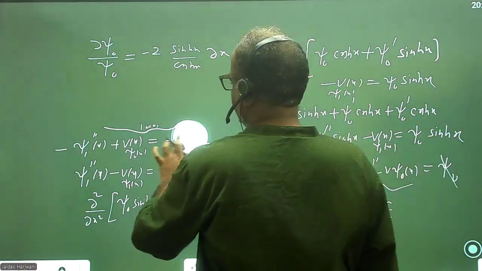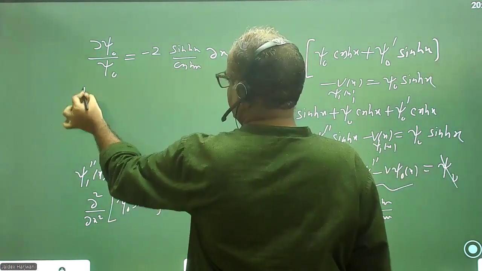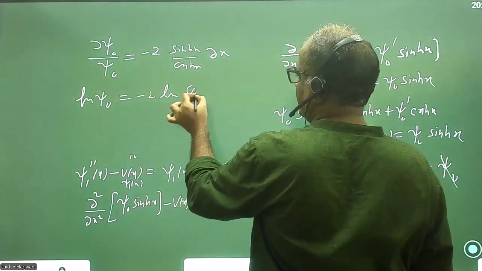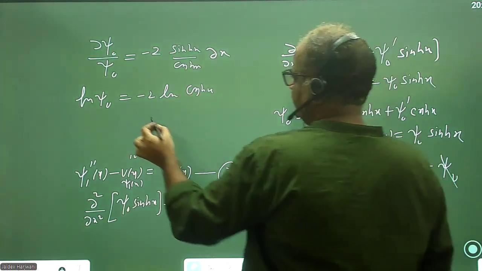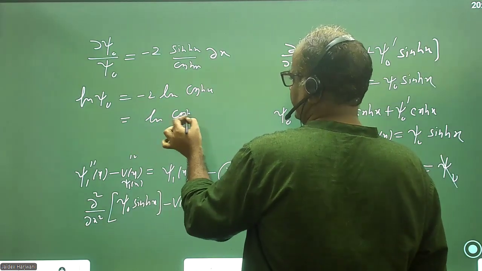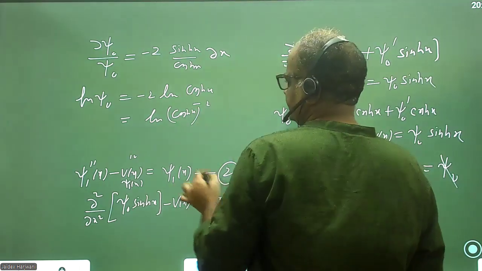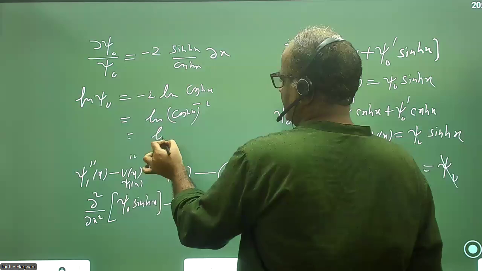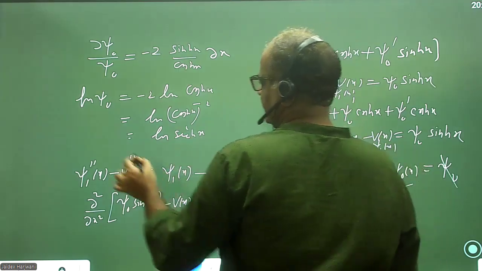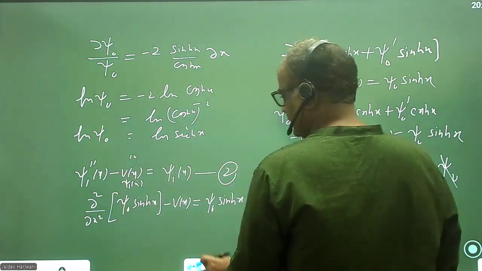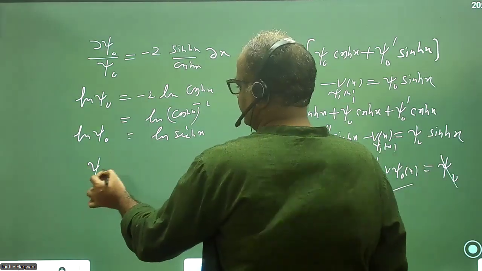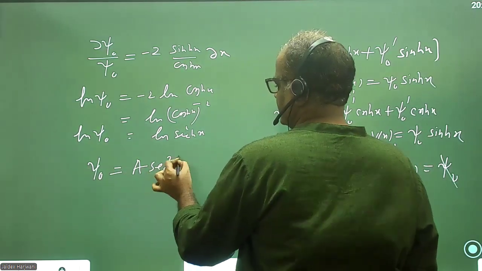Now just integrate this equation and it will give you the answer. This will be ln psi naught, and if you integrate this, it will give you ln of cos hyperbolic x to the power minus 2, which is ln sec square hyperbolic x, plus ln of a constant. So psi naught will be some constant a times sec square hyperbolic x.